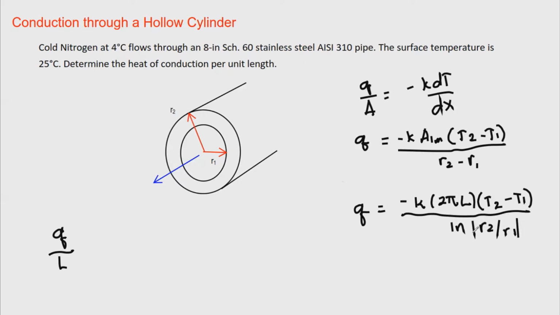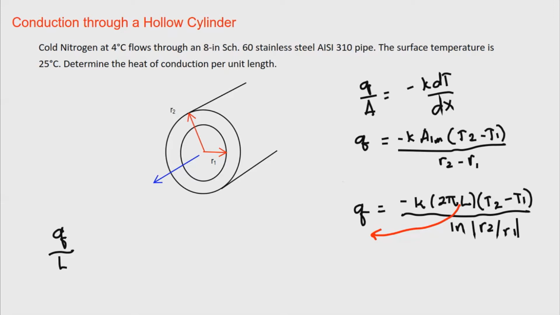So this also means that this is the difference in the logarithmic area. In this case, if we're talking about Q over L, we probably just divide both sides by L.